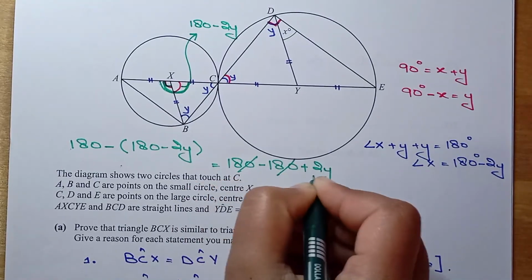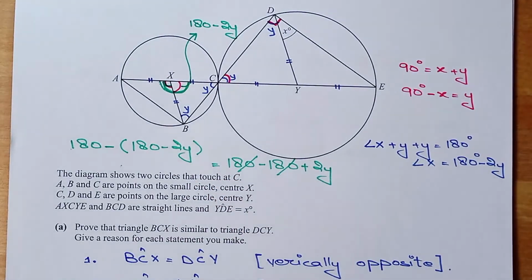The 180s cancel and we are left with 2Y. So that angle is just 2Y.